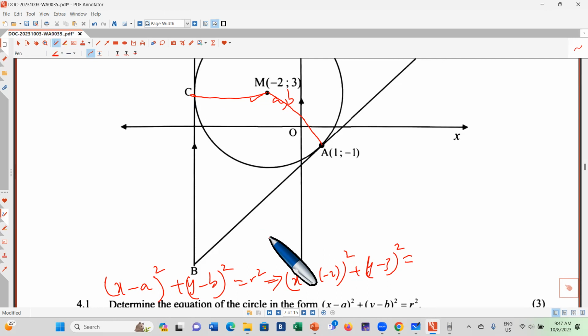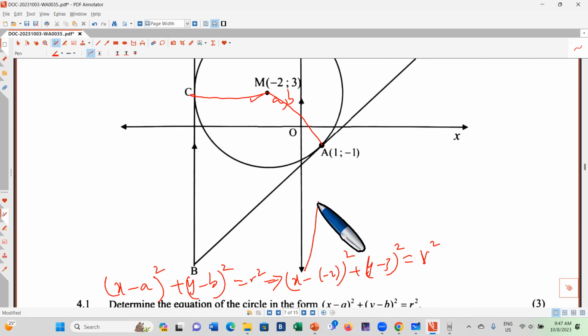Right, so this distance can be easily determined here. And so to easily determine this distance here, what do we do? So this one is actually r squared, like this. Okay, so you learn the tricks of the examiners here.